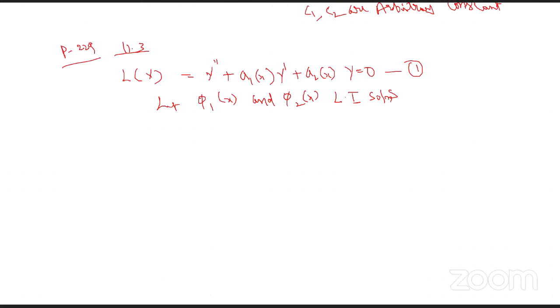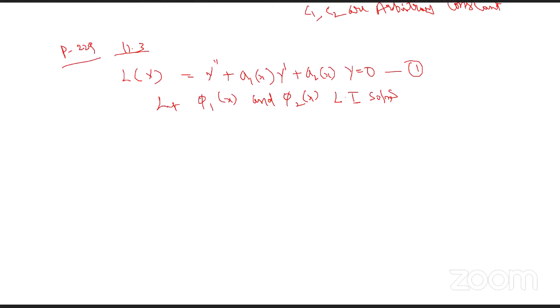However, if one of these two solutions, phi 1 of x, is found either by inspection or through some other device, then it is possible to determine the other solution phi 2. This method is popularly known as the reduction of the order of homogeneous equation using a known solution. You will now learn this method, which was developed by the 18th century mathematician Leonard Euler.